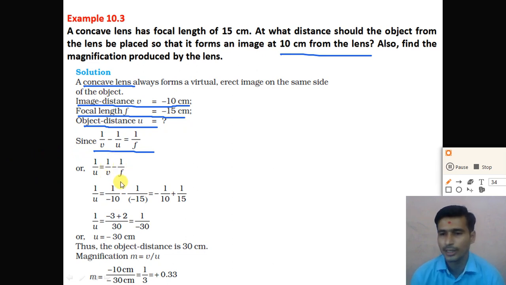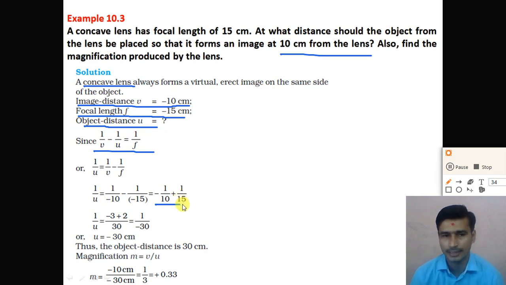So we place the values: 1 by u is equal to 1 upon v, which is minus 10, minus 1 upon f, which is minus 15. So minus minus becomes plus. So we get 1 by u is equal to minus 1 by 10 plus 1 by 15.